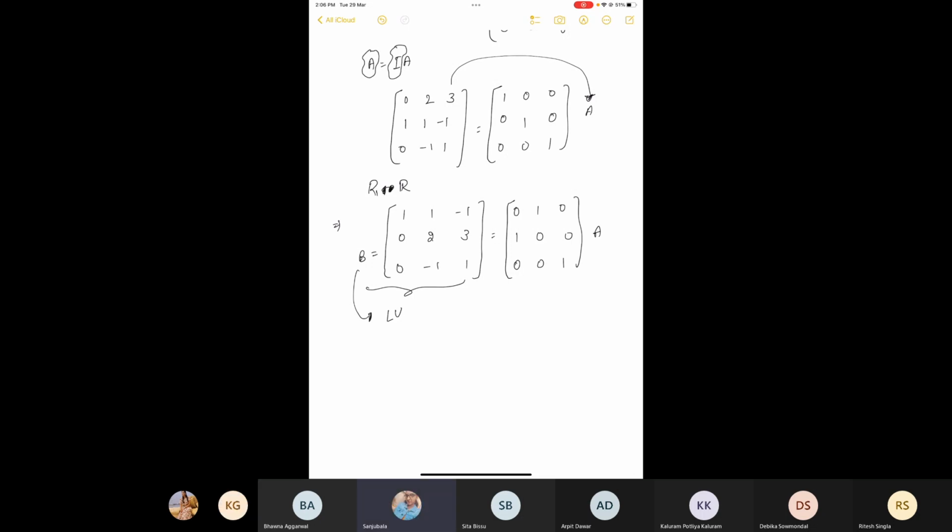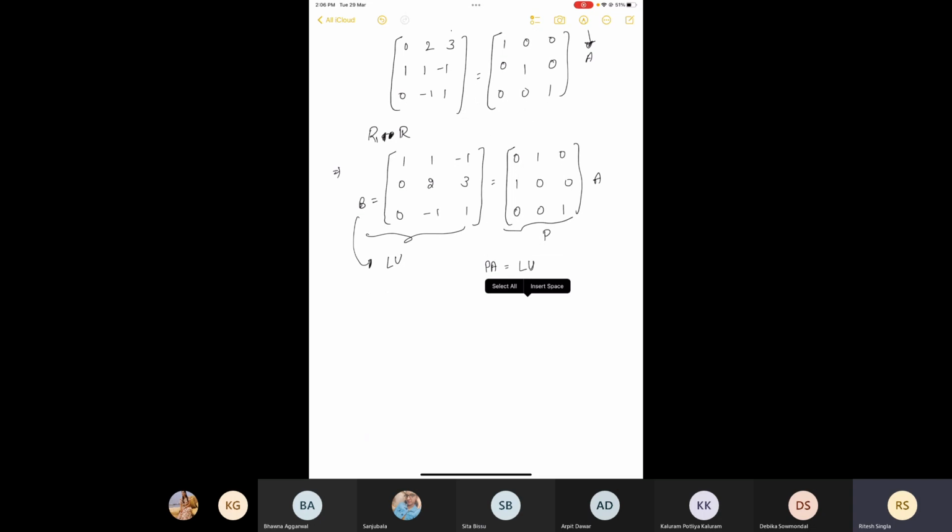Yes, sir. So now if I make this matrix P, then you have P into A is equal to L into U, right? So the permutation matrix has one more extra property: P transpose into P is identity, where P is the permutation matrix.